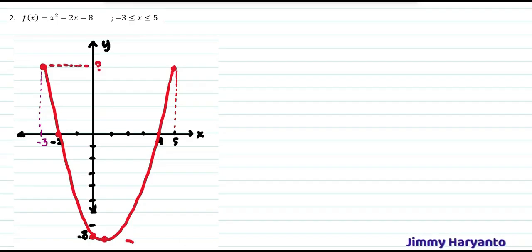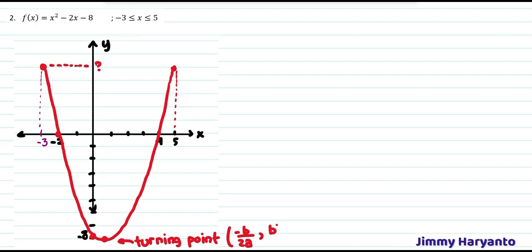I don't know whether you already learned this in 9th grade, but this is called the turning point of the quadratic. You can find it by using the formula negative b over 2a comma b squared minus 4ac over negative 4a, or you can use completing the square also.